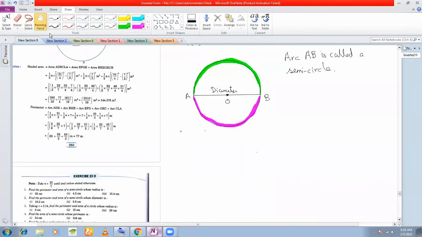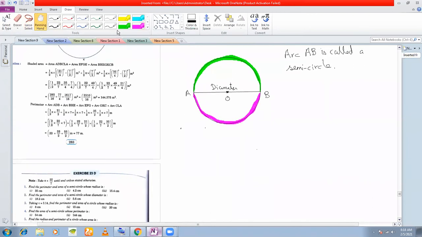Mostly, when you come across semicircles, you'll not be coming across the entire circle.